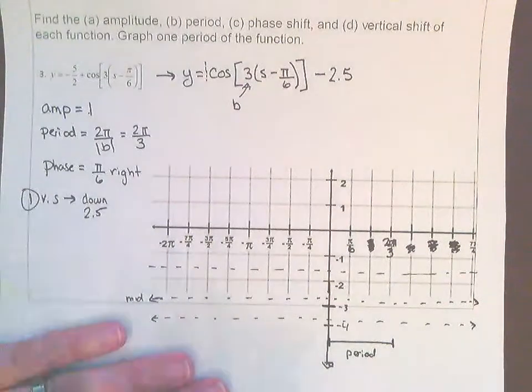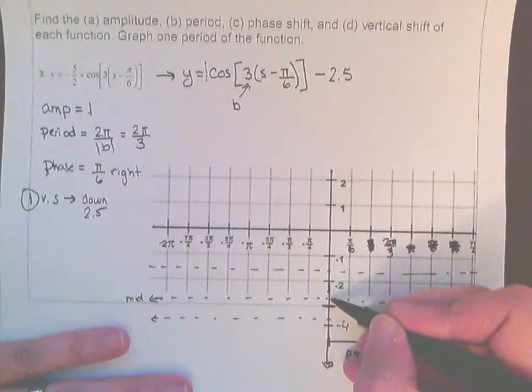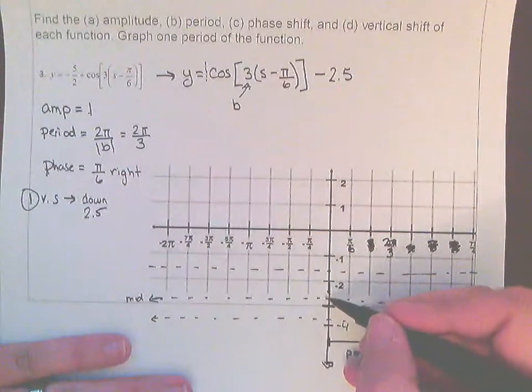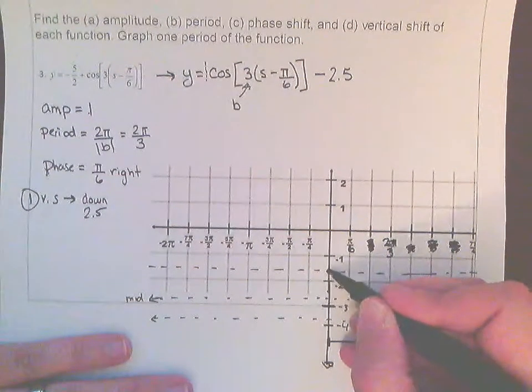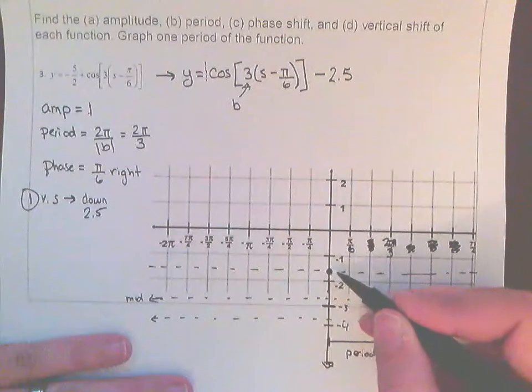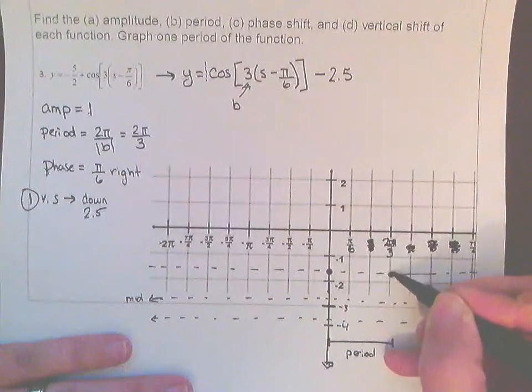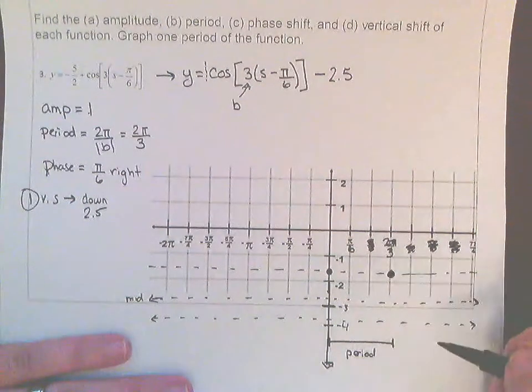Alright, before I even think about my phase shift, I'm going to graph the cosine function as it would be in here. So originally, if you remember, the cosine function does not start at the midline, it starts above, and it ends usually at 2 pi. It's going to end at the top as well.